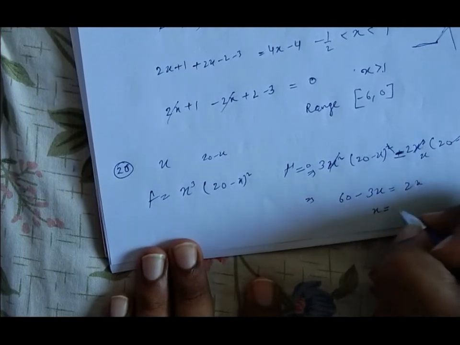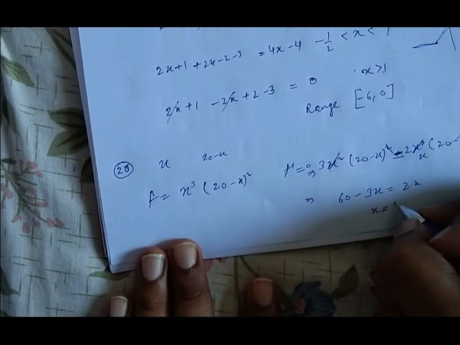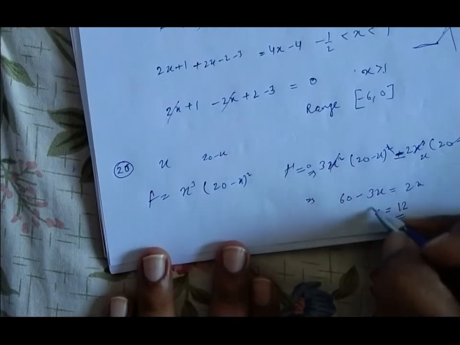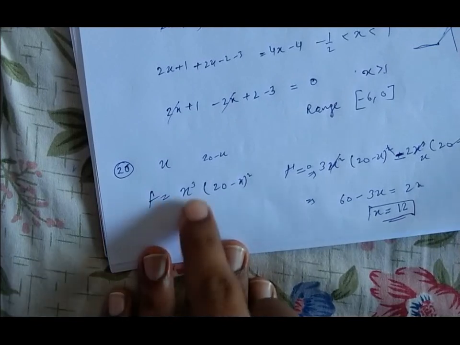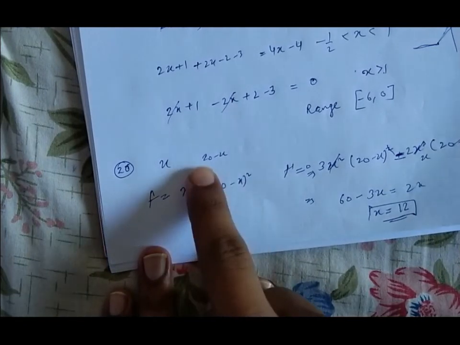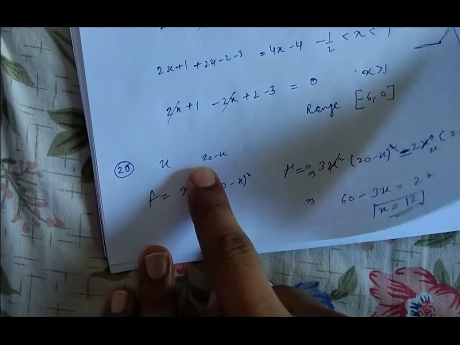So x has to be equal to 12. Or we could have done it directly using AM-GM. If the powers are in the ratio 3:2, then 20 has to be divided into 3:2.